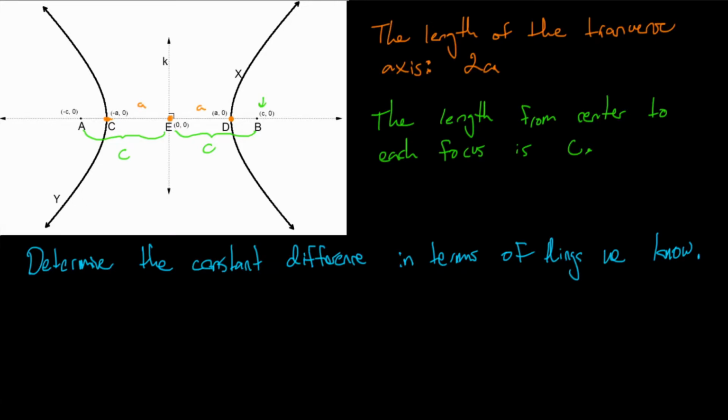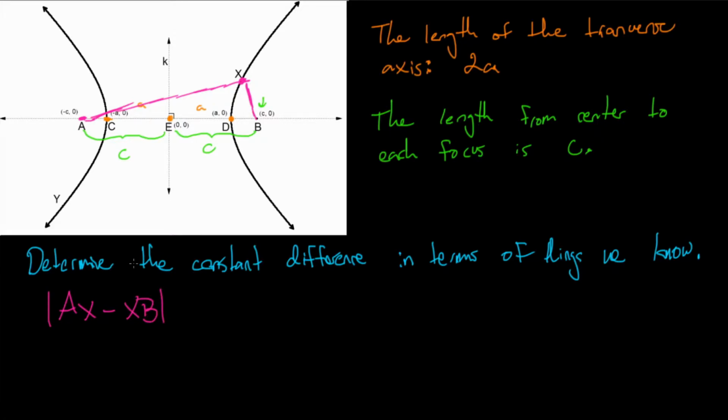What is the length from focus 1, and I'll call them A and B, focus 2? What is the constant difference? AX minus XB. What is AX? This length right here, minus this length right here. What is AX minus XB?